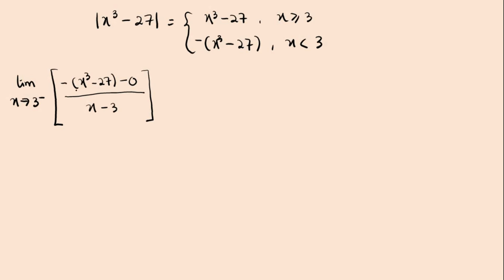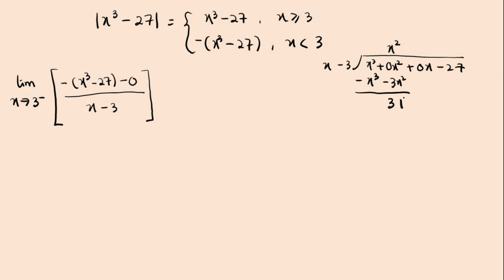So you have to factorize this out, but then we have a cubic function here. In order to factorize a cubic function, you have to use your knowledge from chapter 2, where you have to perform long division. Interesting, right? We have to connect our knowledge from previous topics. For our long division here, first you multiply with x squared. So we get x cubed minus 3x squared.